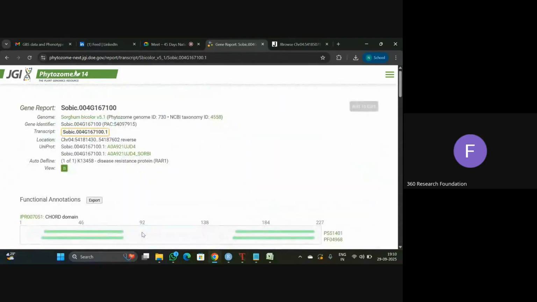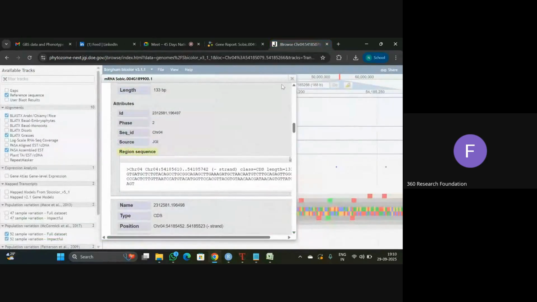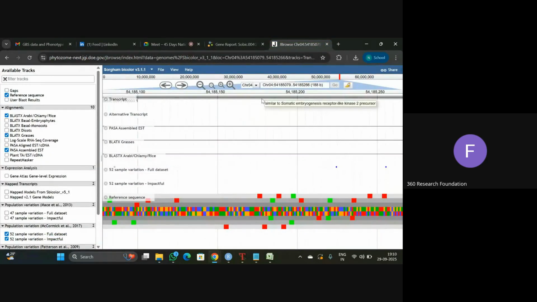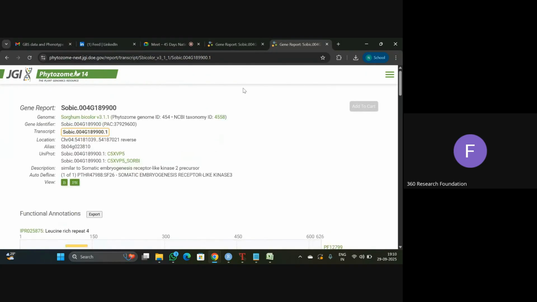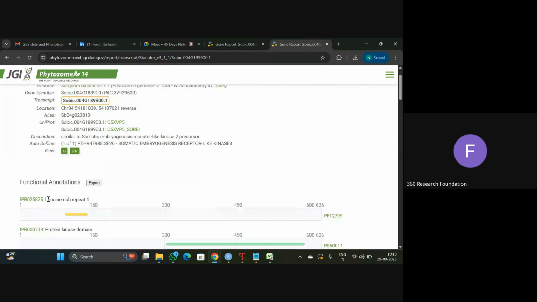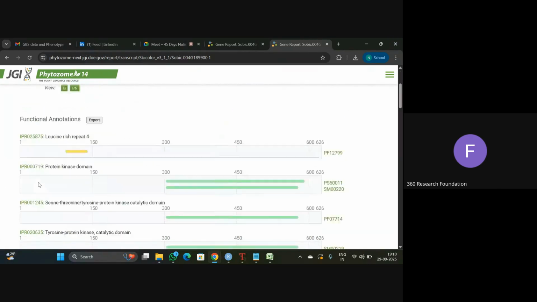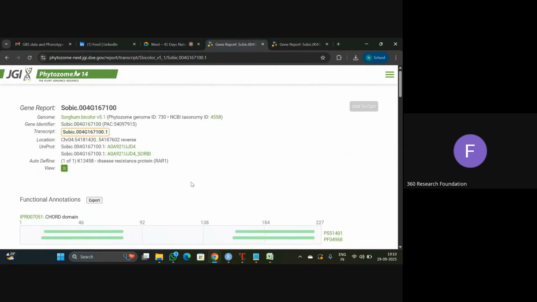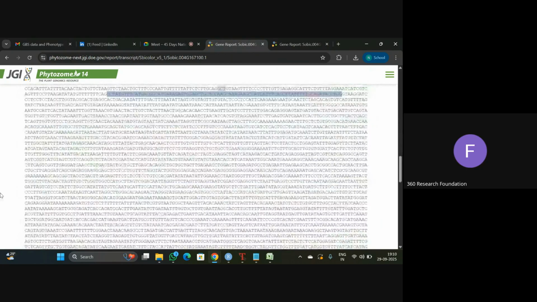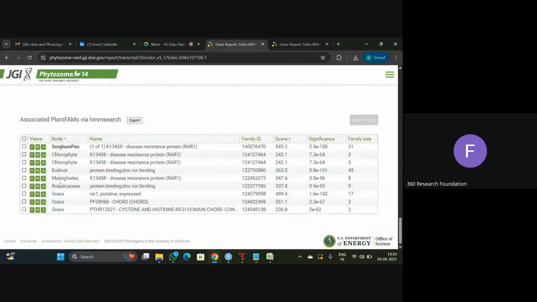So total details. I think this will open. Yeah. So now both versions are there. So likewise, you need to identify the information.